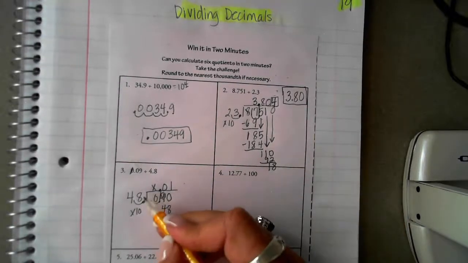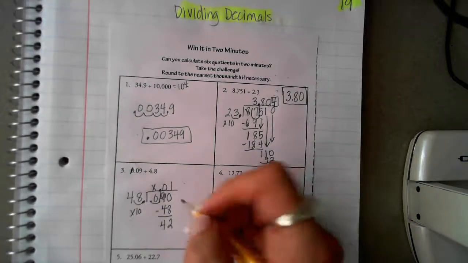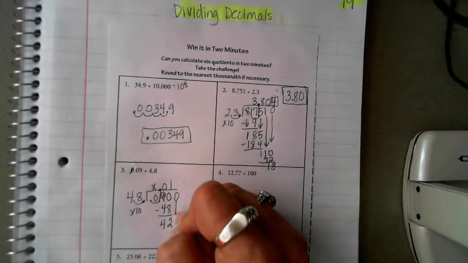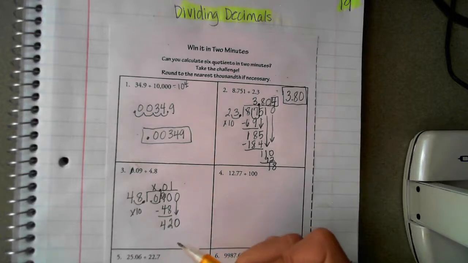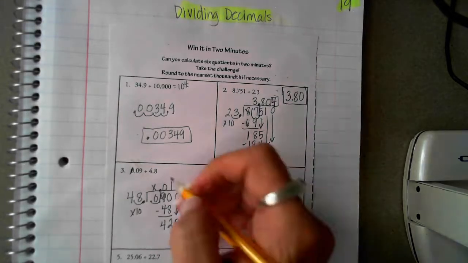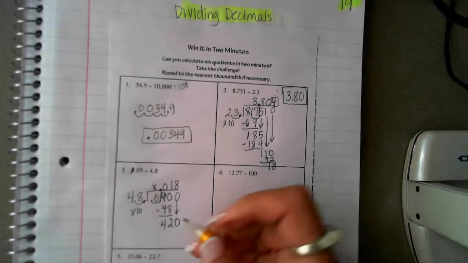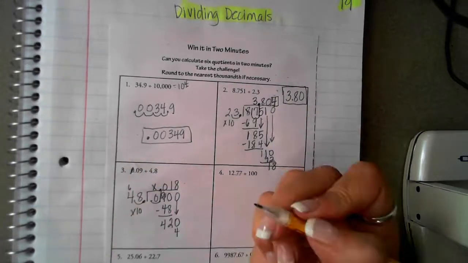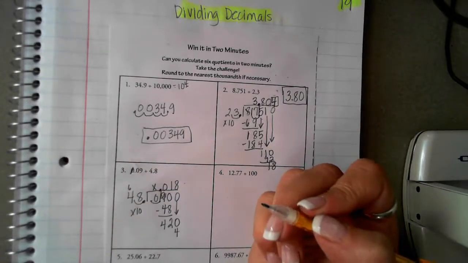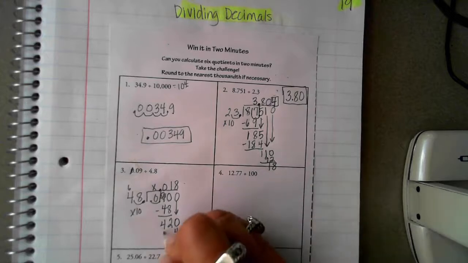Okay, is 42 less than 48? Yes, it is. So I'm going to add a 0 because I have to go to the next place. Now, how many times will 48 go into 420? Let's try 8 times. 8 times 8 is 64. Regroup the 6. 8 times 4 is 32. Plus 6 is 38.